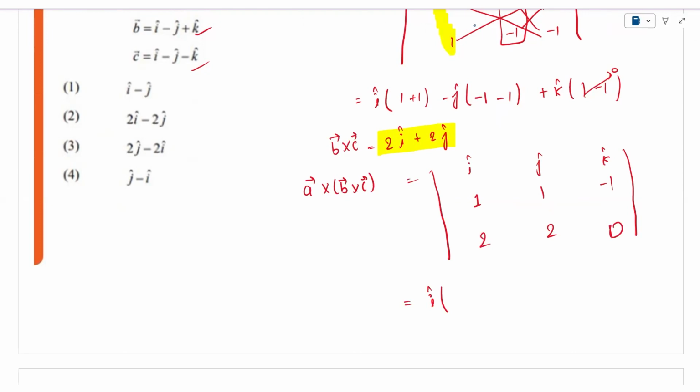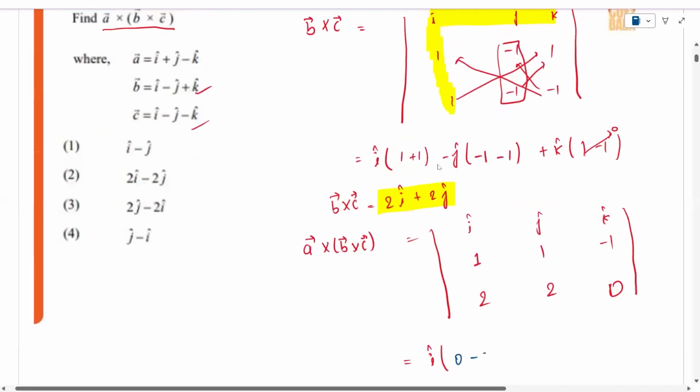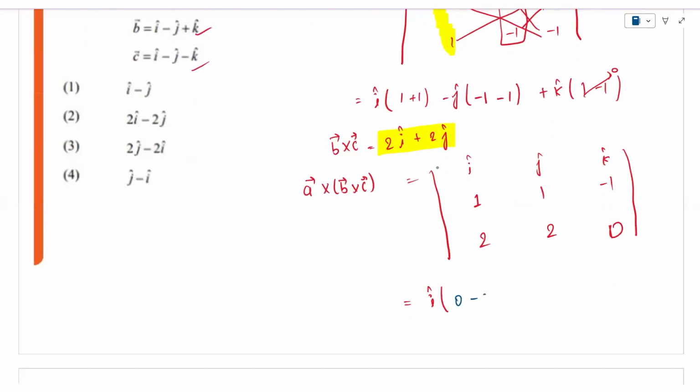And now we will simplify. For I cap, we will get 0 minus 2. For J cap, we will get 0 minus, actually it is also minus 1 now.